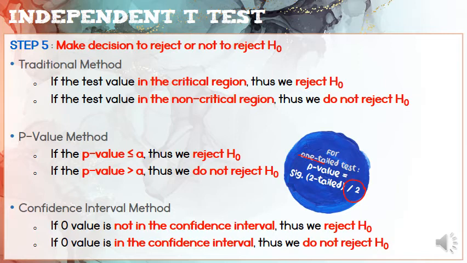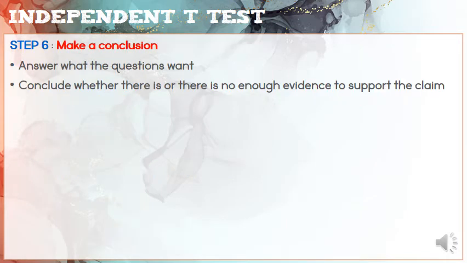Kalau tolakkan tak ada zero in the confidence interval, thus we reject our H0. And last but not least, don't forget to make your conclusion. Answer what the question wants, and conclude whether there is or there is no enough evidence to support the claim made in the question.